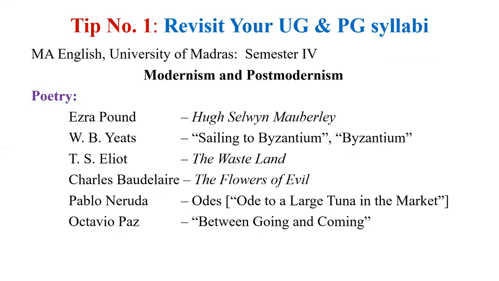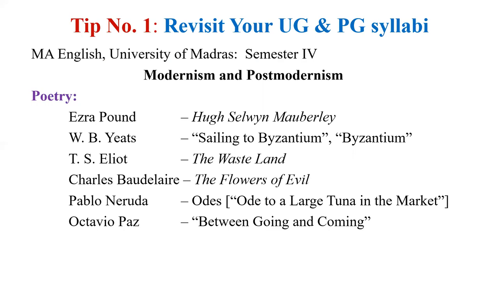Tip number 1, revisit your UG and PG syllabus. Let's say there's a paper called Modernism and Postmodernism offered by the Department of English, University of Madras in their 4th semester. We are not going to look at everything that is there. We are just going to look at the poetry part. First one, Ezra Pound, Hugh Selwyn Mauberley.